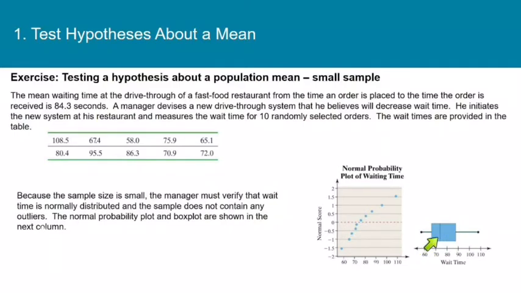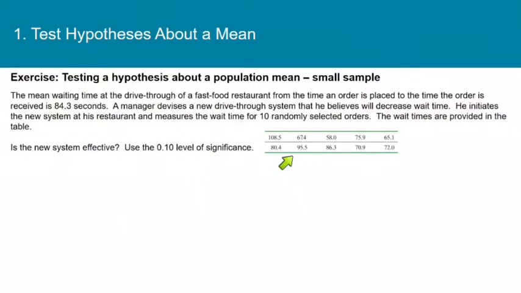You can look at the box plot here and see that there are no outliers. Remember, outliers are denoted by an asterisk beyond the whisker. And you can look at the normal probability plot and see that since these dots are in a relatively straight line, it's reasonable to assume that the population these came from is normally distributed. So having met both of these conditions, we can go ahead with our test.